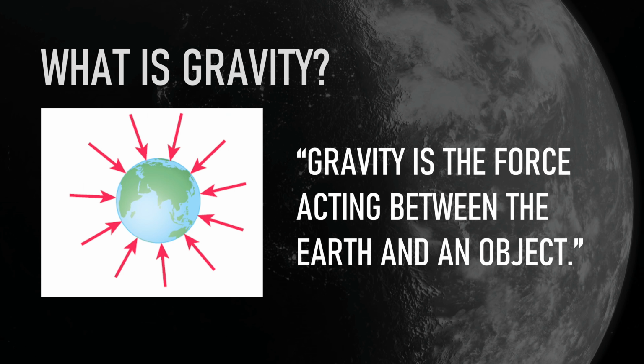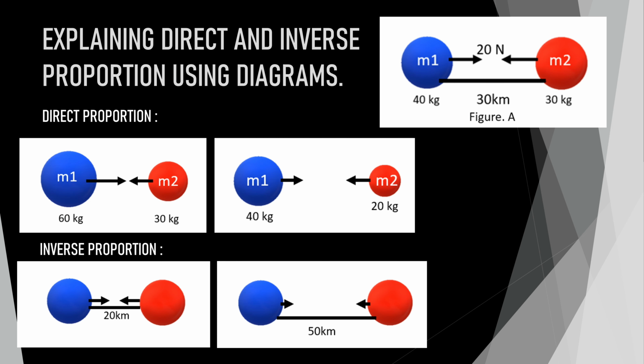Direct proportion is where an increase in one quantity causes a corresponding increase in the force between them, or a decrease in one quantity decreases the force between the two objects. And inverse proportion is a situation when one value increases and the other decreases.